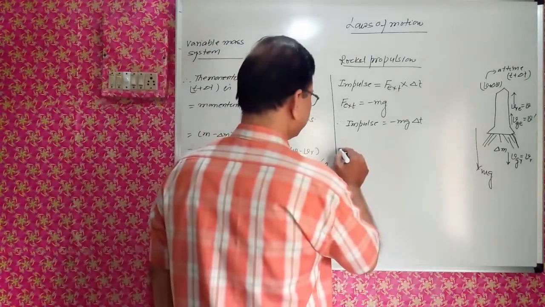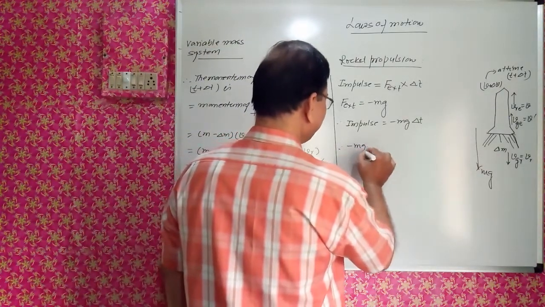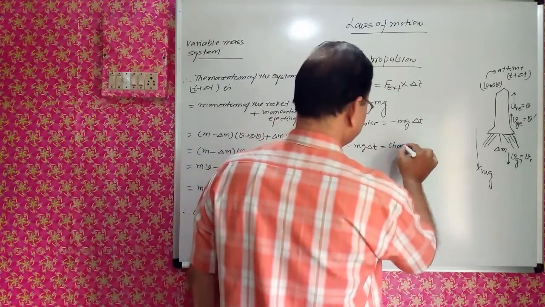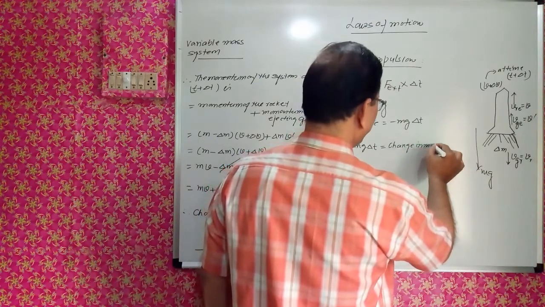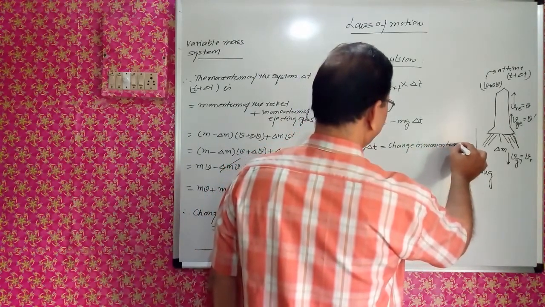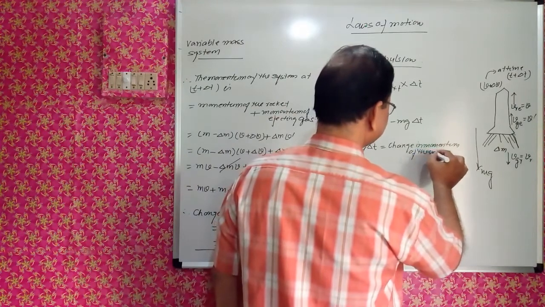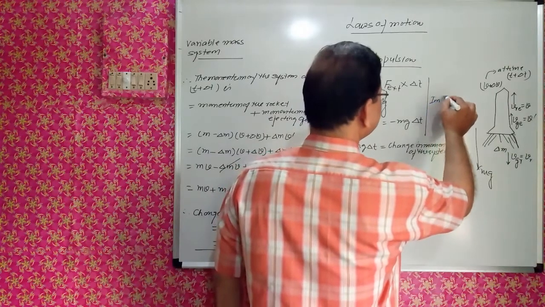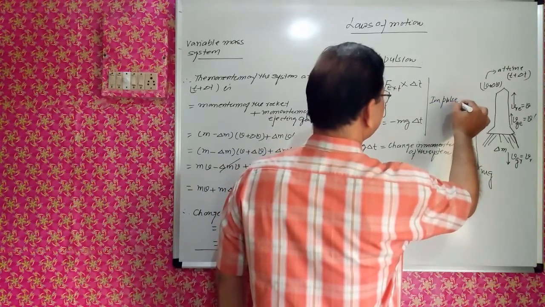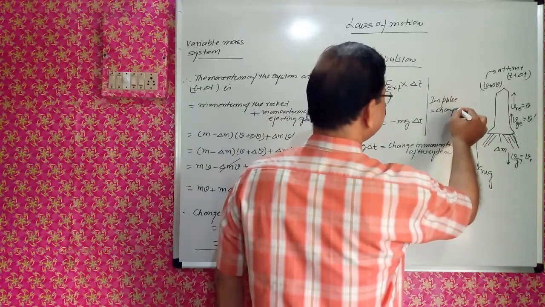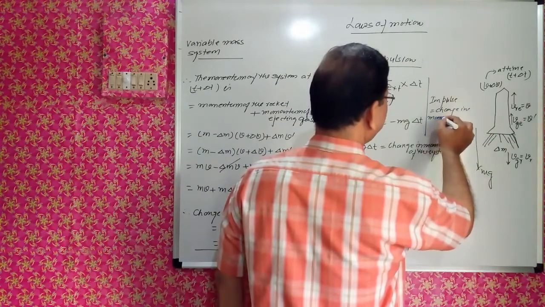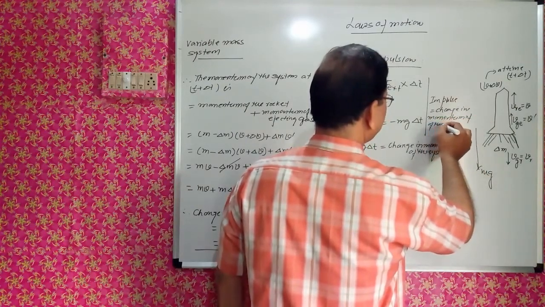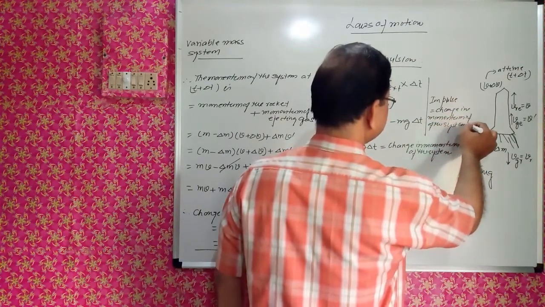Therefore we can say minus mg delta t is equal to change in momentum of the system, since impulse is equal to change in momentum of the system, right?